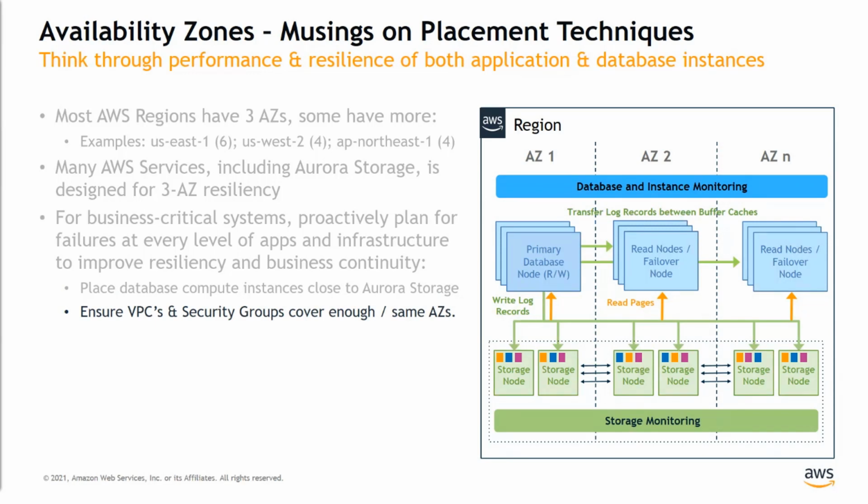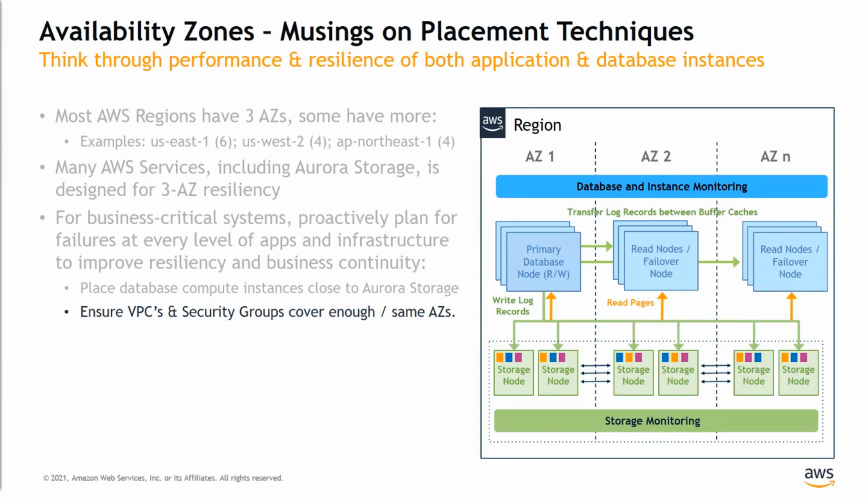So think in advance about your virtual private connectivity, your VPCs, right? Think about your security groups. Make sure that you have sufficient AZs in your VPCs and security groups to cover failure scenarios, right?